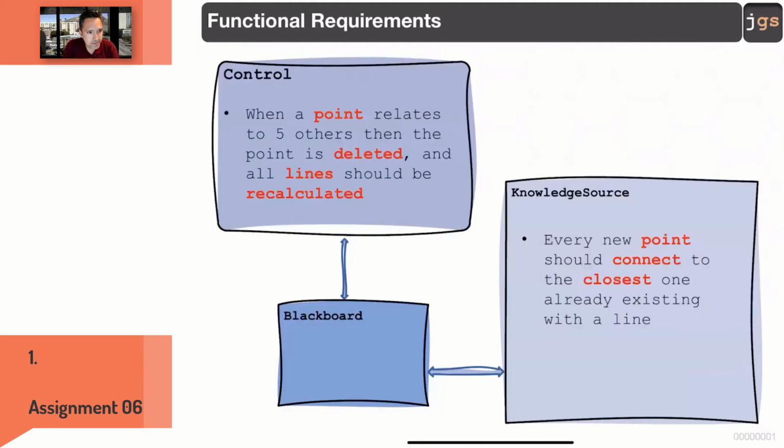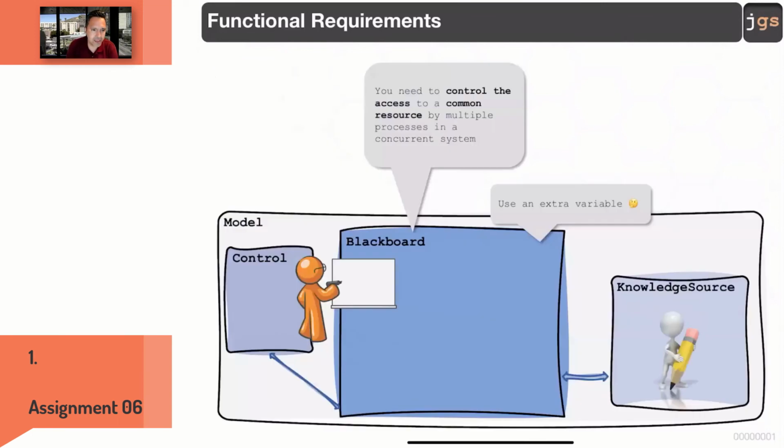Number 1, just imagine that I have this blackboard with all the information that I described before, points. And I want your help to implement the control, the professor, and the knowledge source, the students. Just think about the scenario like this.